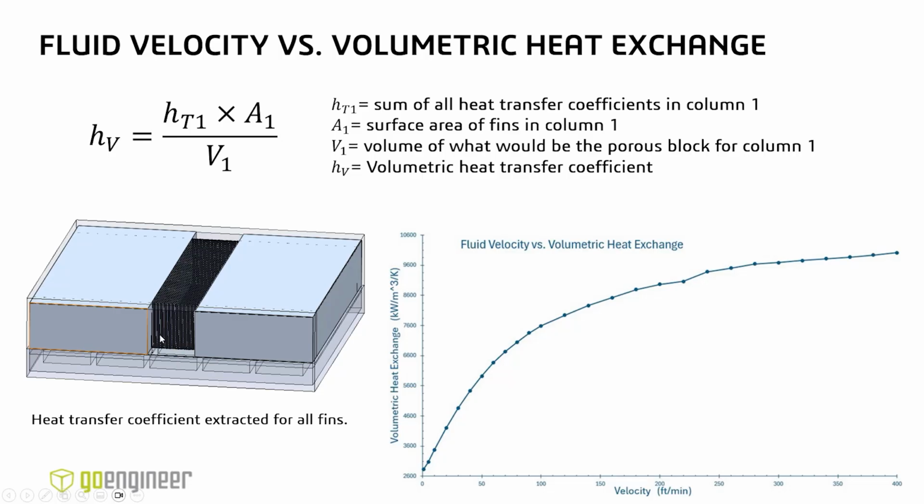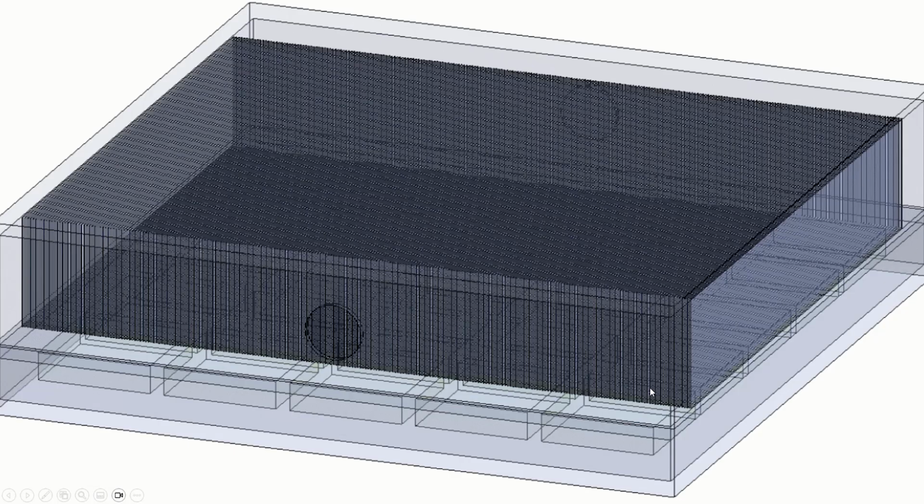For the volume, if I was going to create a rectangular prism that perfectly encapsulated all of those fins, what would the volume of that prism be? That becomes V1. Plug that into the equation, I get the volumetric heat transfer value. Do that for every single velocity, you get a curve like I have here in the bottom right. That's the volumetric heat exchange value.